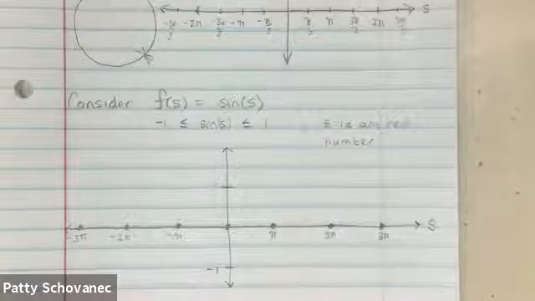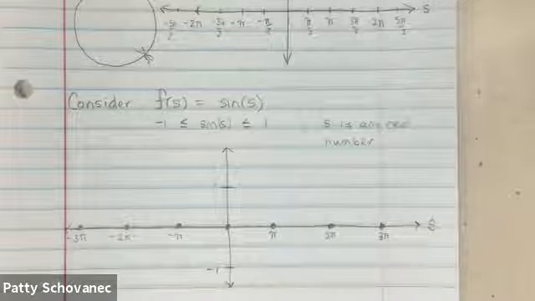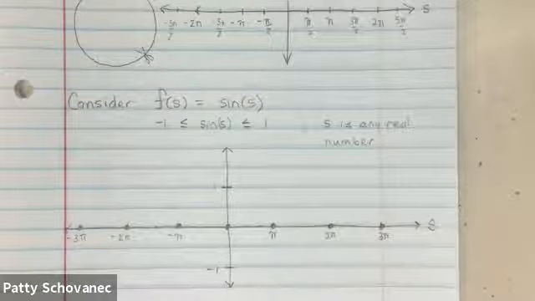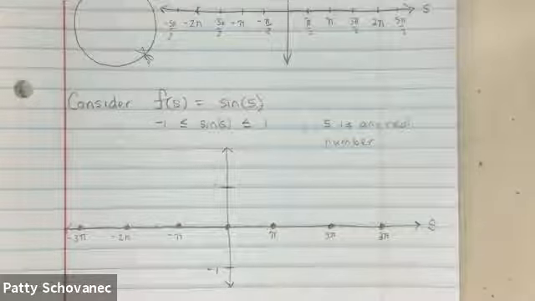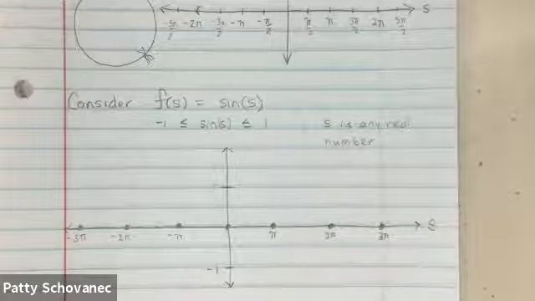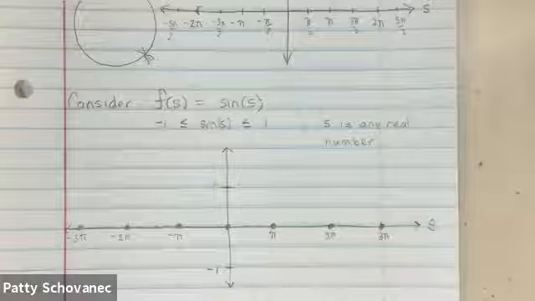So anytime I'm back at the pi halves, which would be at 5 pi halves, right? So there's 1 pi half here, 3 pi halves here, 5 pi halves, 7, 9, 11, right? Every time I add another pi to those, I move up and down the y-axis on my unit circle.